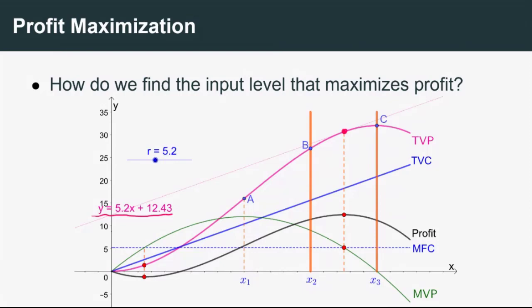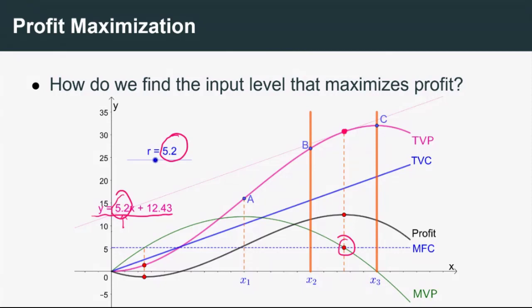And the slope of the tangent line is actually the value of your MVP. So MVP at this point should be 5.2, and the slope of this line is also 5.2. And there's also another 5.2 here, which is the input price.